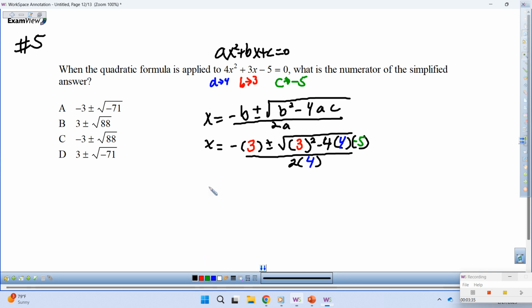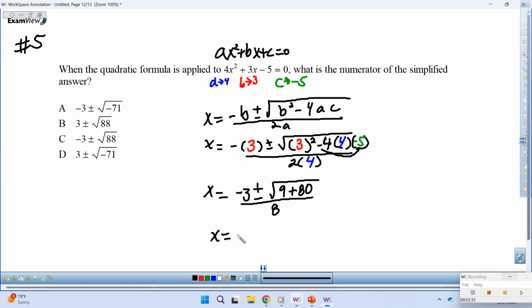Alright, let's simplify. X equals negative times 3 is negative 3, plus or minus 3 squared is 9. Negative 4 times negative 5 is 20, times 4, that's 80. Is that correct? 80 over 8.